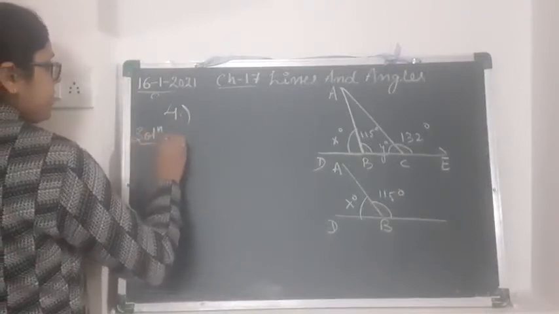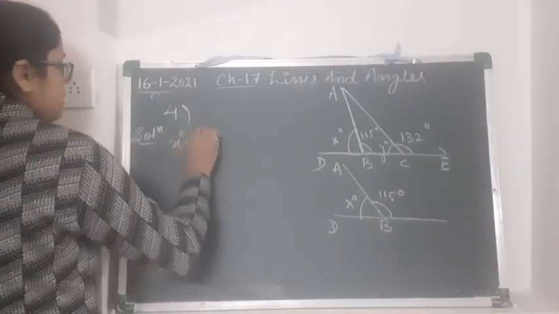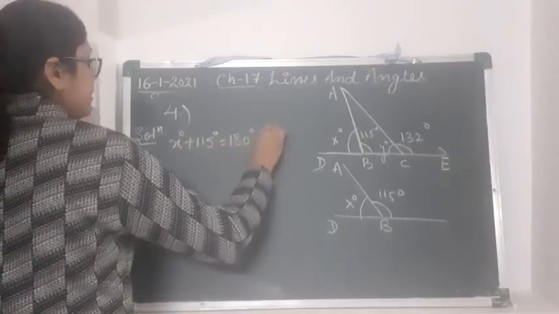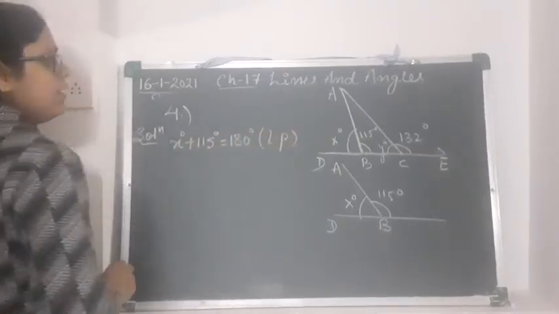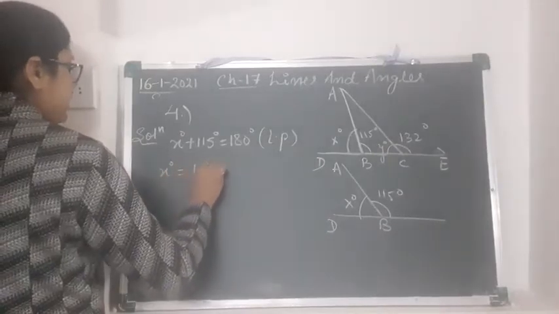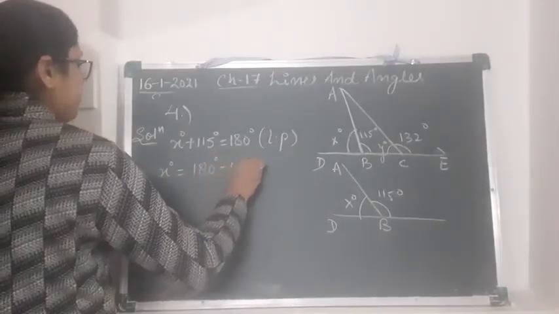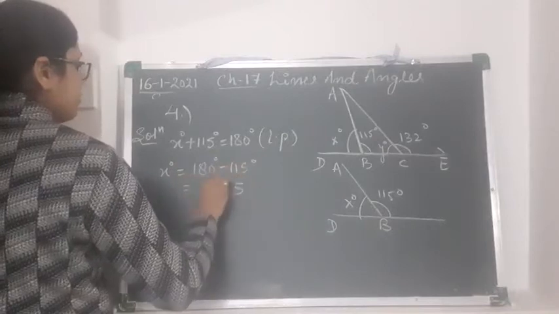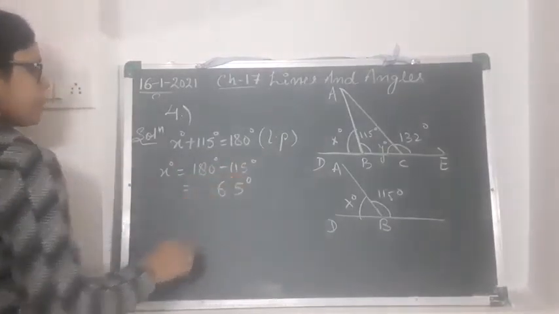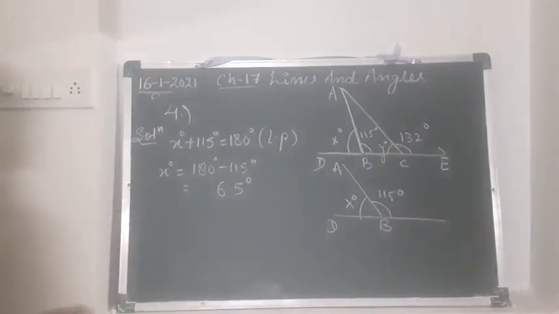So, we can find the solution right here. You can write x degrees plus 115 degrees is equal to 180 degrees. They are forming a linear pair. So, x degrees is equal to 180 degrees minus 115 degrees. So 10 minus 5, 5. 7 minus 1, 65 degrees. Okay, 65 degrees I got as x.